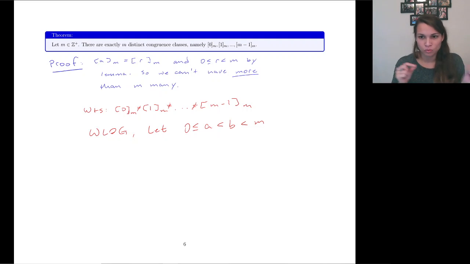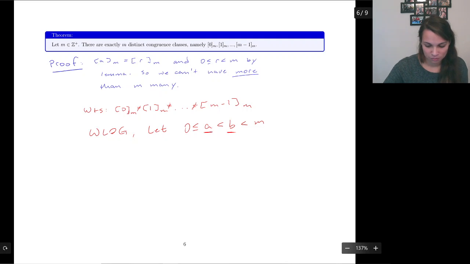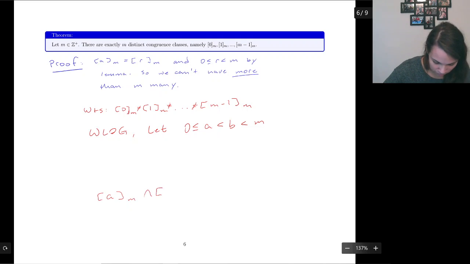We're looking for 2 different elements between 0 and M, and we want to prove that their congruence classes aren't going to be equal. So here's a random element, here's a random element. We're going to look at their congruence classes, and we are going to conclude that they are not the same.